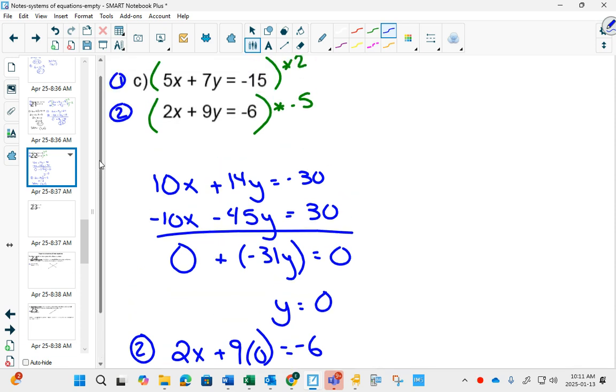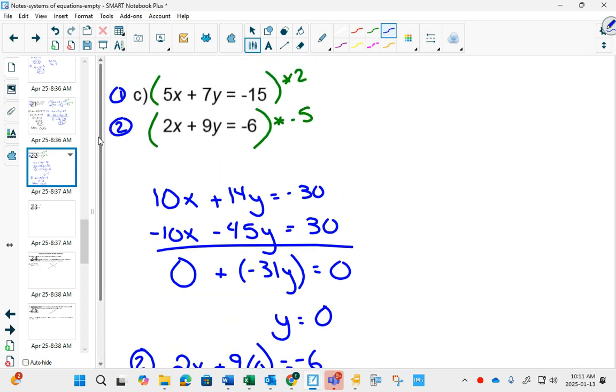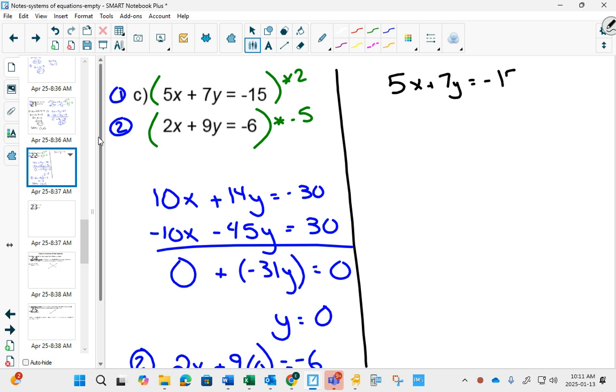I'm going to scroll up and do the same thing again. But I'm going to show you, had you decided to eliminate the y's, we should get the same answer. So here's equation 1 and equation 2.